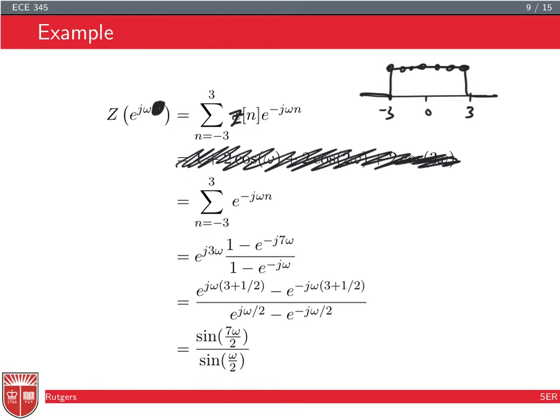And then this part here is a geometric series. It starts at n equal to -3. So I'm just going to apply the formula. Let me remind you, the formula is the following. Maybe I can write it down on the left here.